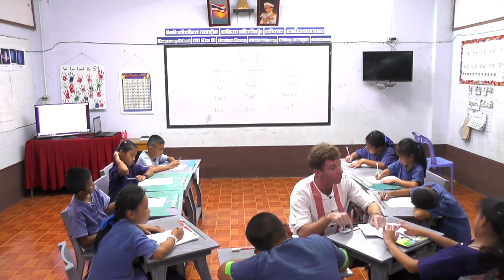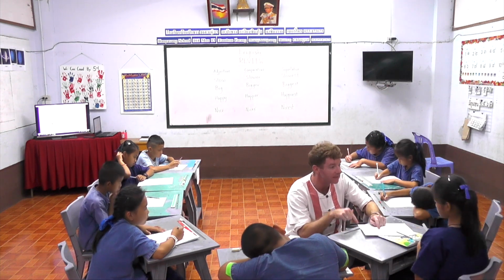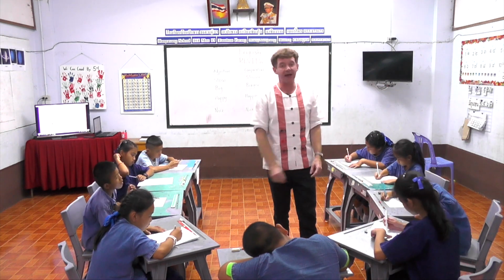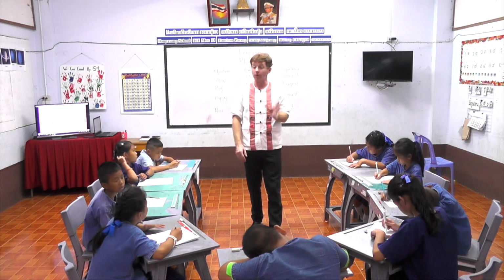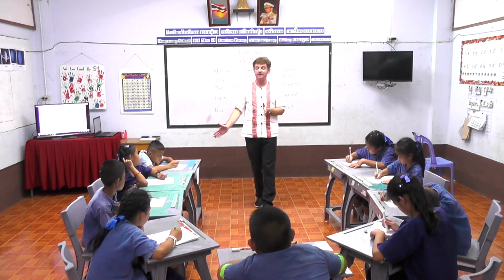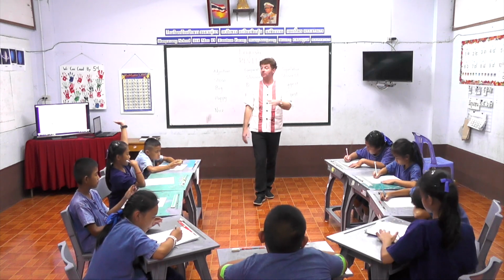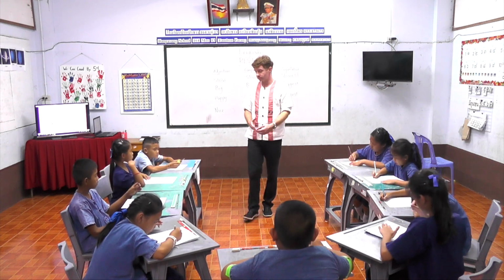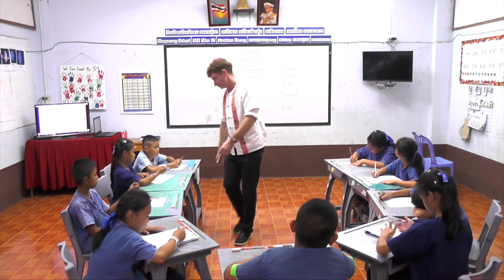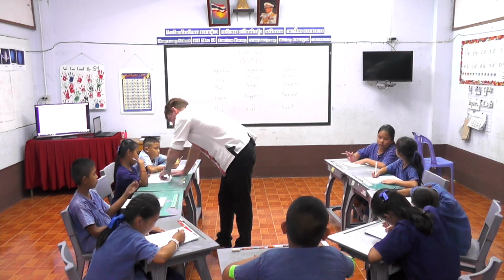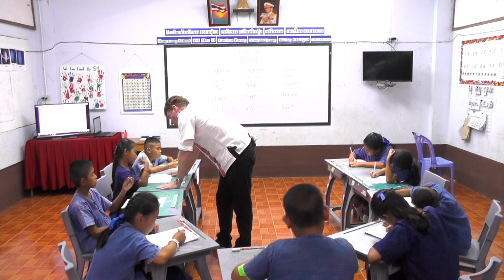T. H-O-T, T-E-R. Remember, guys, if the last word is a consonant and it's preceded by a vowel, which means if there's a vowel before, we need the second consonant. We need the second T for hotter.